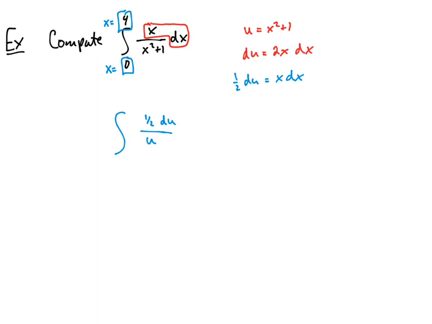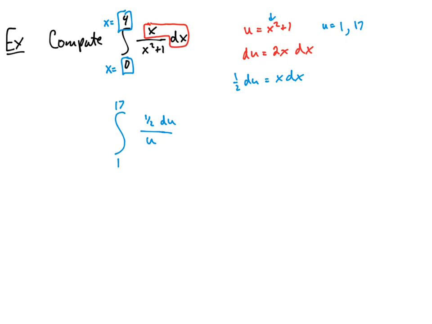So what we do is we just substitute 0 and 4 into this u equation in order to come up with new limits of integration. So when x is 0 in this equation, we're going to have 0 squared plus 1, so u will be 1. And then when x is equal to 4, we're going to have 4 squared plus 1 is 17. So our limits of integration here are going to be 1 to 17.